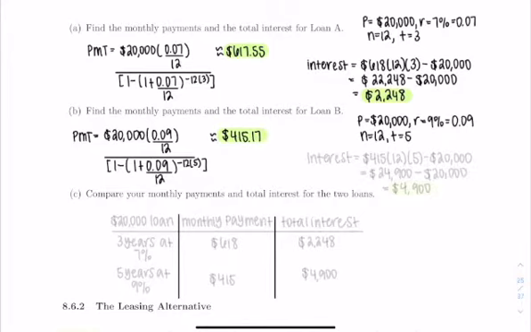So again, we want to find the interest. We take our payment, let's just say it's $415. We multiply it by the 12 months that we pay in a year, and we do this for 5 years. Subtract off the original amount, which was $20,000.